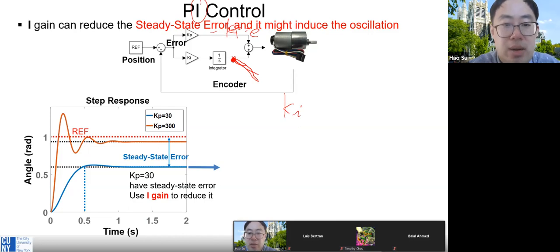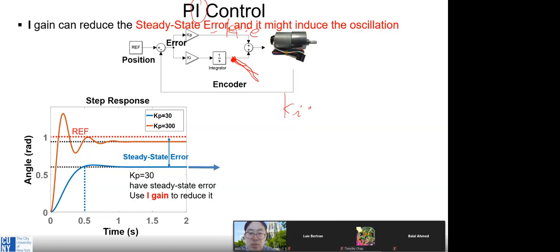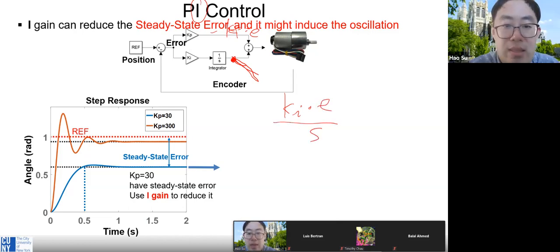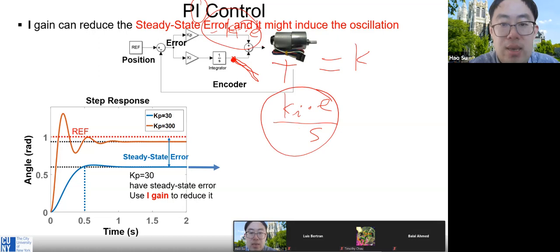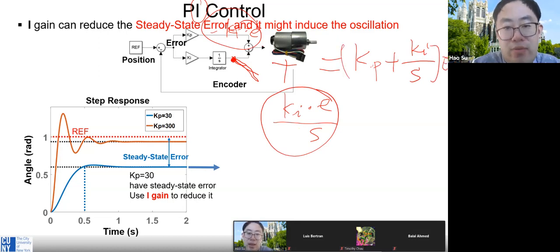It's KI something. Yeah, KI over S, so KI times E over S. If we add this term with this term, you get KP plus KI divided by S, times the E term.